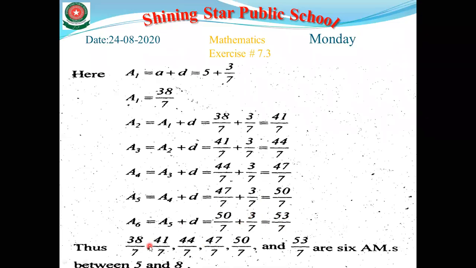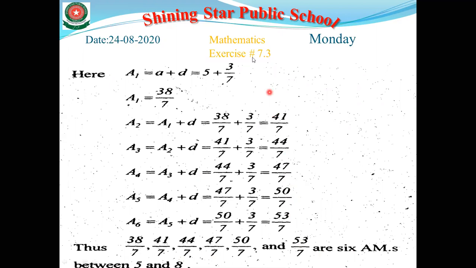Thus, the AMs are 38 over 7, 41 over 7, 44 over 7, 47 over 7, 50 over 7, 53 over 7, the 6 AMs between 5 and 8.